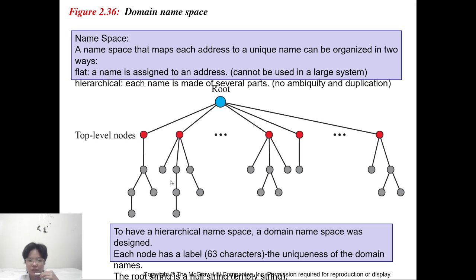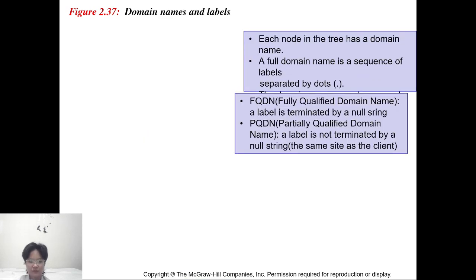You can see the top is the root, under it the top-level nodes, and another level of nodes. To have a hierarchical namespace, a domain namespace was designed. Each node has a label of up to 63 characters, which ensures the uniqueness of the domain name. The root label is an empty string.